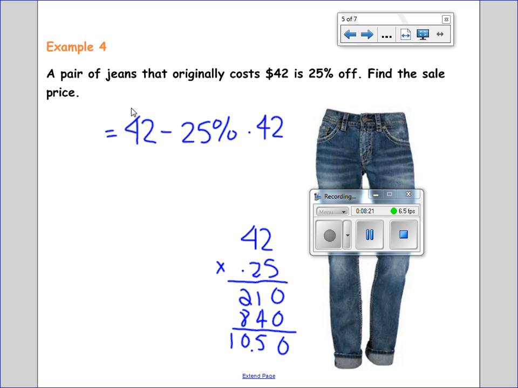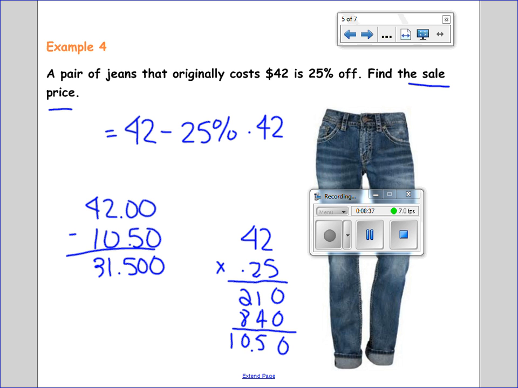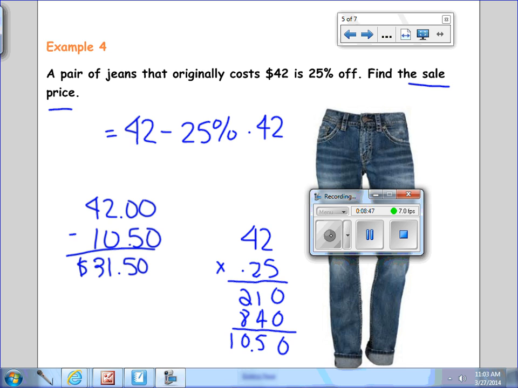That is $10.50. So being that it is on sale, I'm going to take the $42, take off $10.50. You should be paying the sale price of the jeans, $31.50.